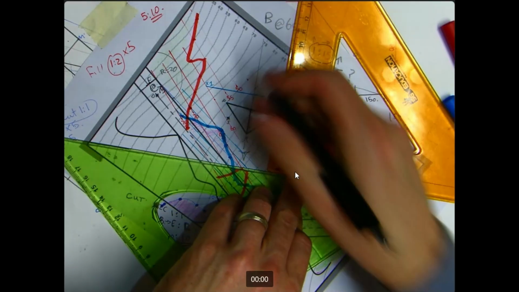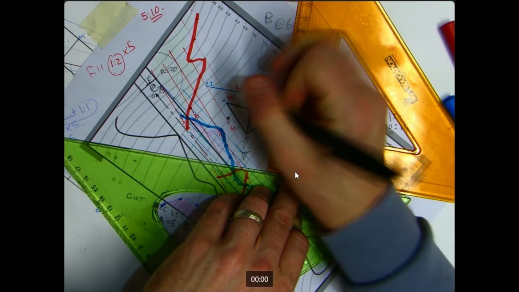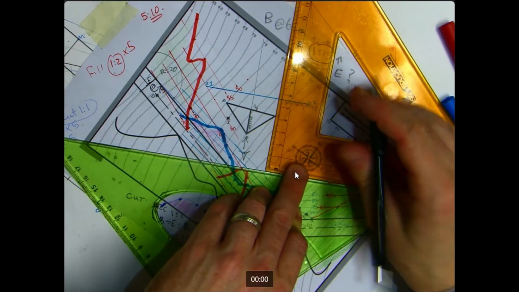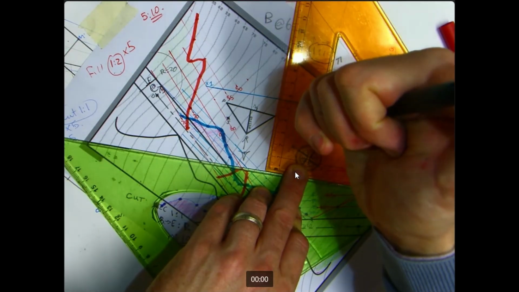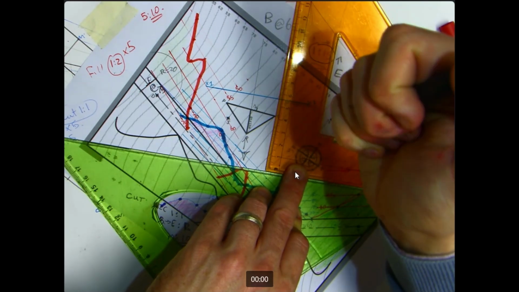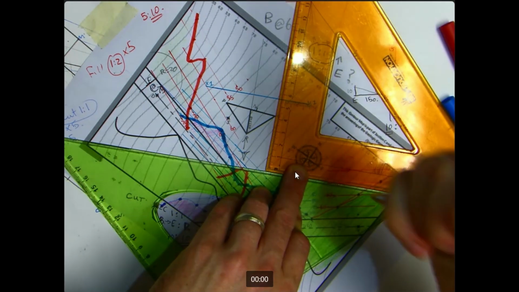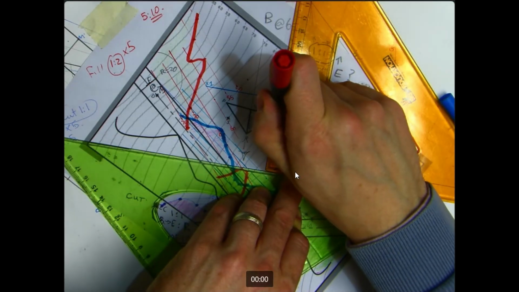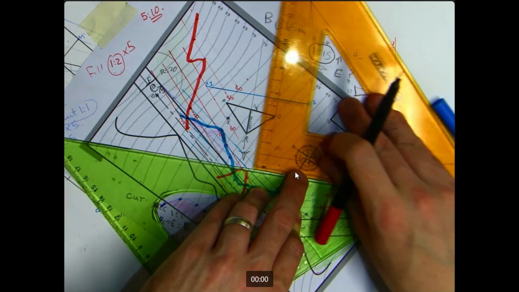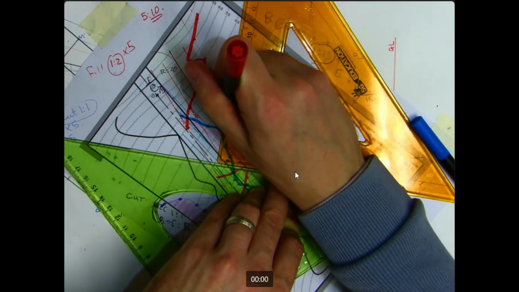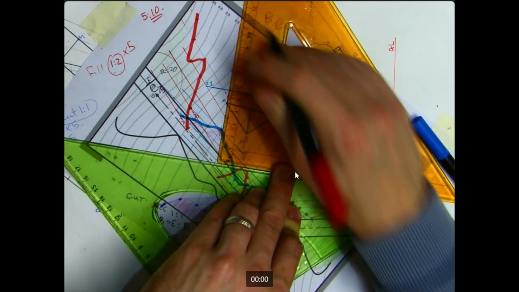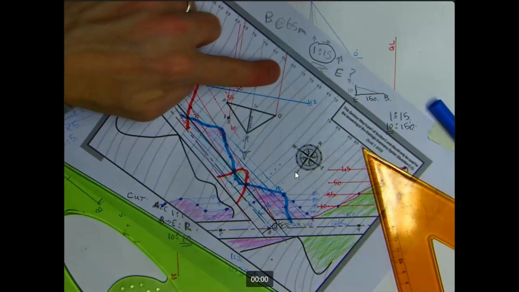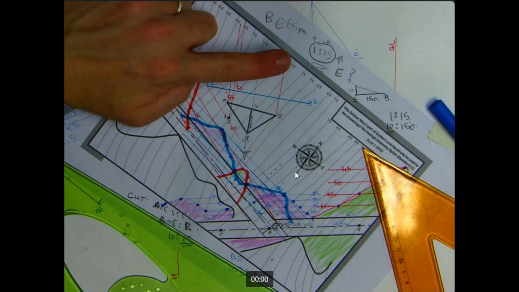So P, R, Q, and S. Now, where do I get my information for my three points, P, R, Q?